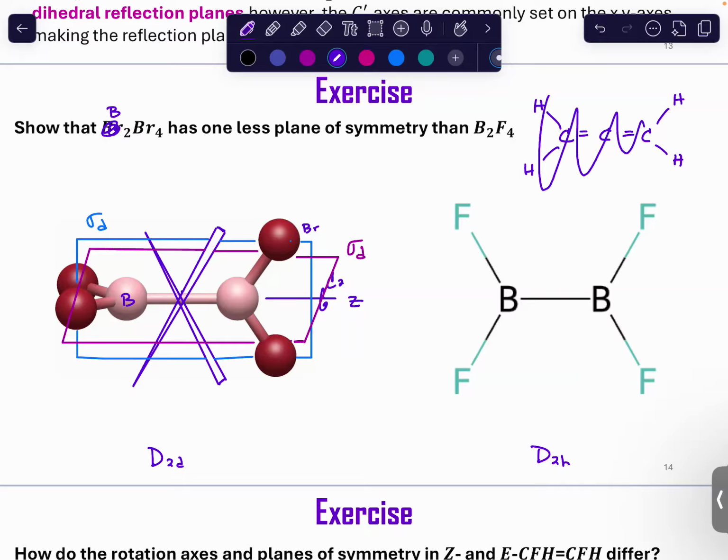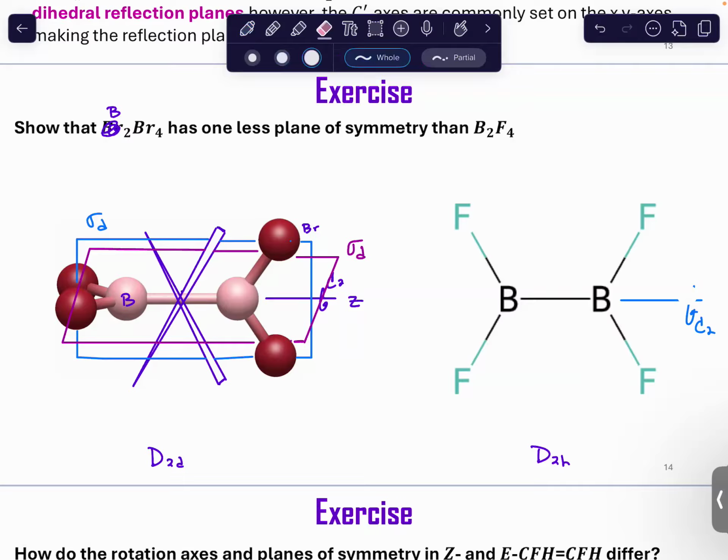Keeping in mind that you have, there's your principal axis, okay? No, let me not do that. I'm going to confuse you. Just find the planes because in a D2H they're all sigma v's. Okay.